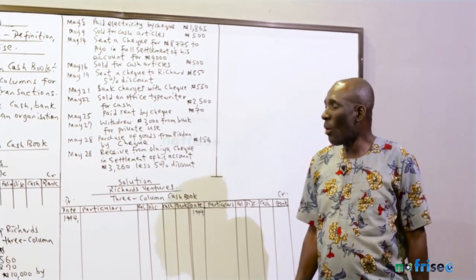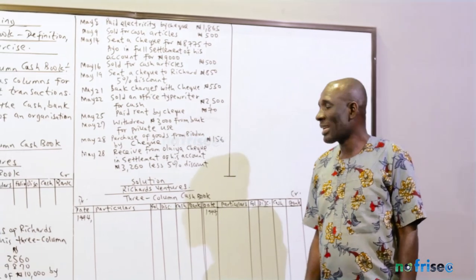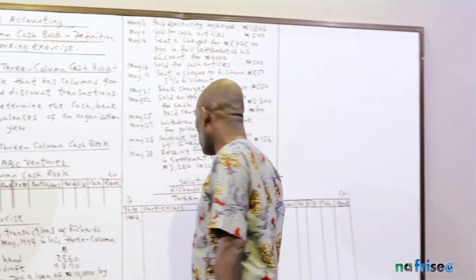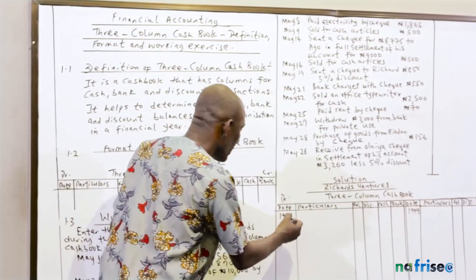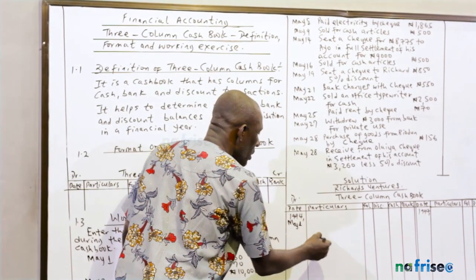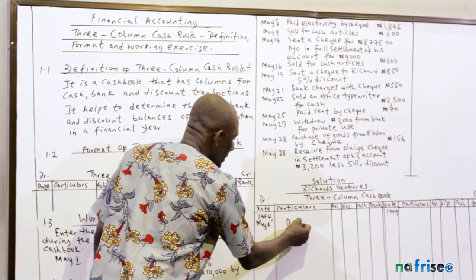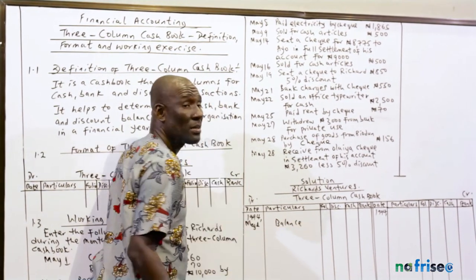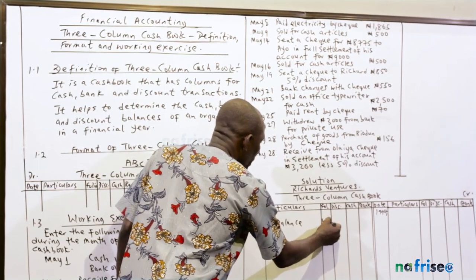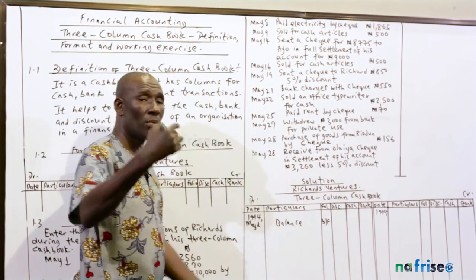Now, on May 1, cash in hand 2,560 naira. So what I'm going to do is come here on the debit side, cash balance, May 1. We write balance because it's the balance at the beginning, and in the folio we have B/F, balance brought forward.